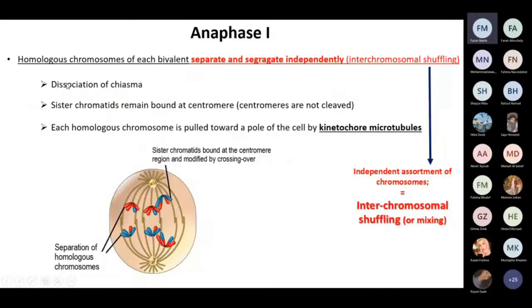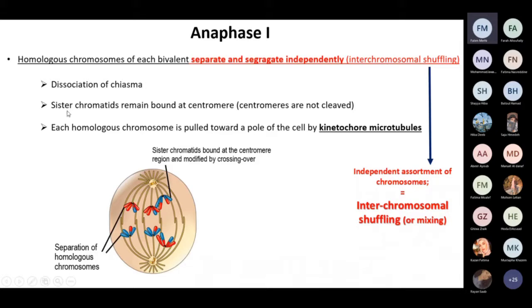But just before their separation, we should have the dissociation of the chiasma. So as we have seen, the chiasma will remain present until the anaphase, and it is at the anaphase 1 stage that the chiasma will get dissociated to allow the separation of the homologous chromosomes. Okay.